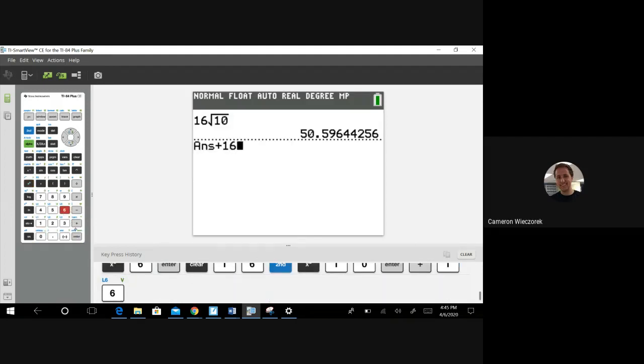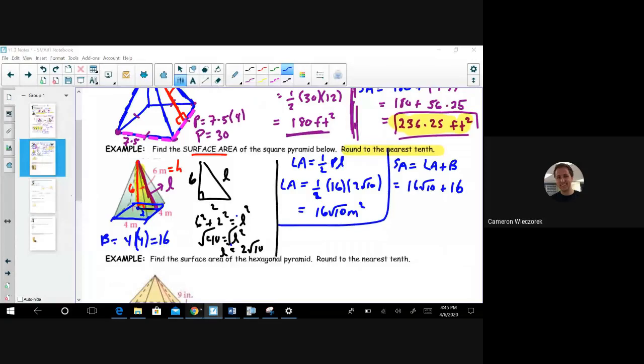You can do it in one line too. I like to do things in separate steps. So 66 point, we're going to round that 5 up to a 6. 66.6 meters is what we're measuring in, so this would be meters squared.